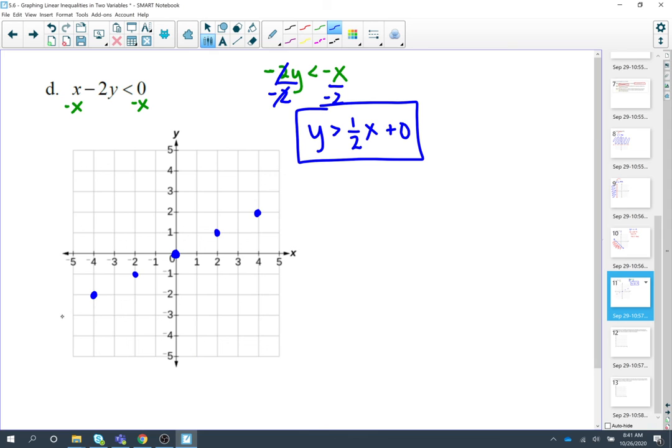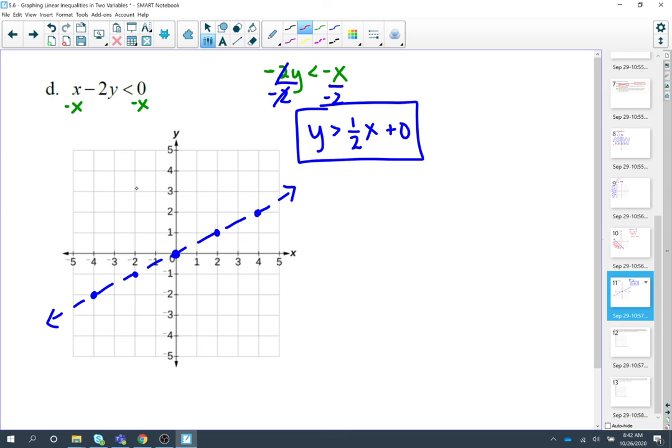So I'm going to make this dotted. Now, if I'm looking at the inequality in the box, and that's usually what I look at because it says y is greater than, do you think we would want to go above the line or below the line? And this time I'm thinking probably above the line.